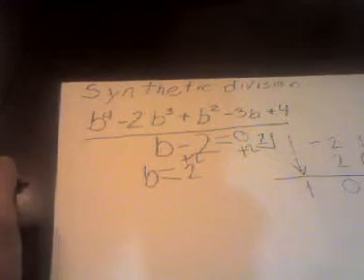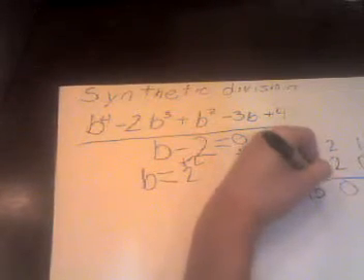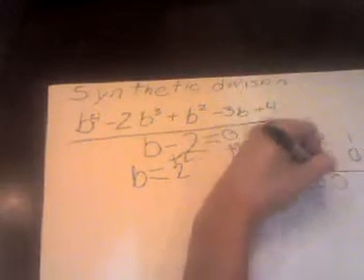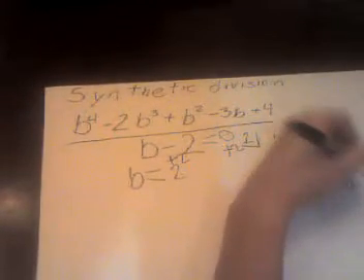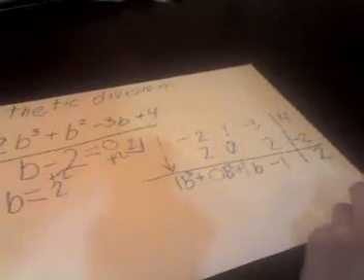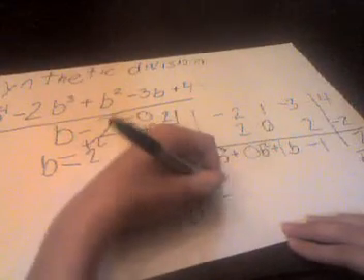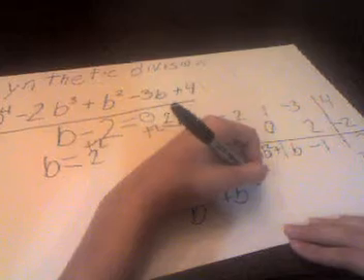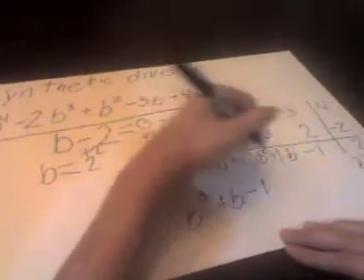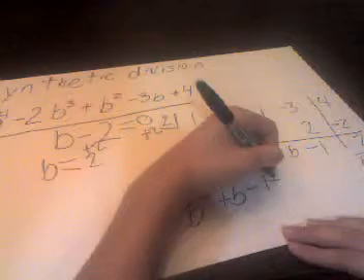So you go b to the third plus b to the second plus b minus 1, and then this 2 is the remainder, and you set that over b minus 2, and for your answer you get b to the third plus b minus 1 plus 2 over b minus 2.